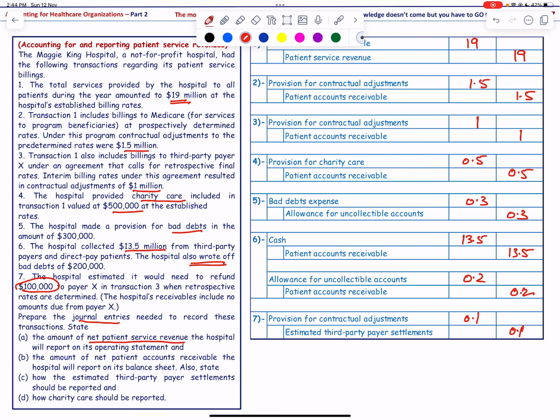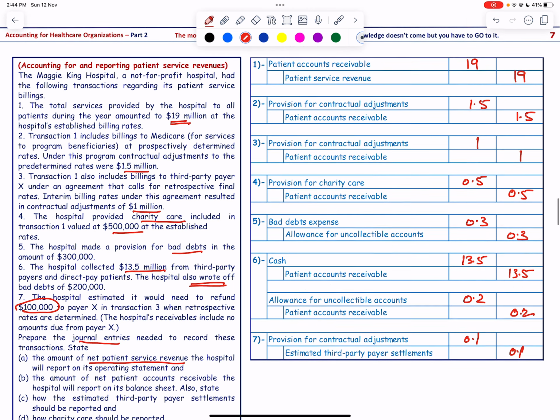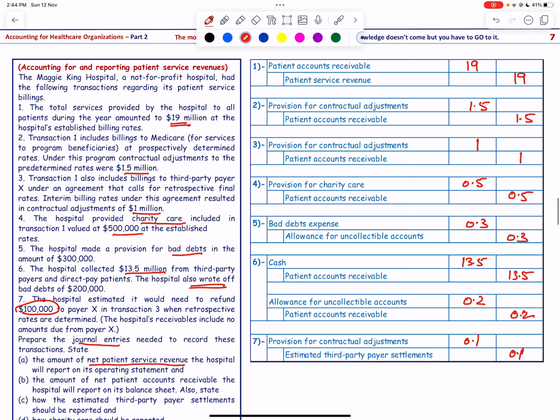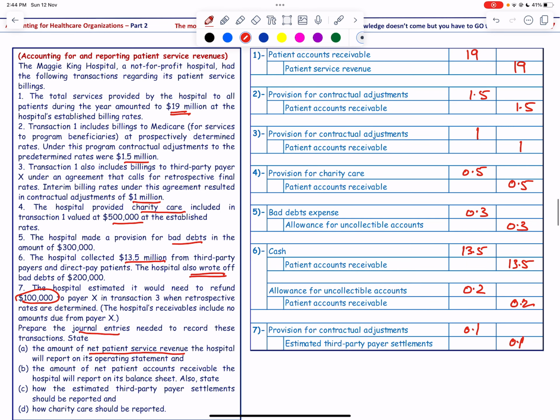So first of all, we are going to look into the total net patient service revenue that is there. So we have the patient service revenue, and you can see we have a credit of 19.